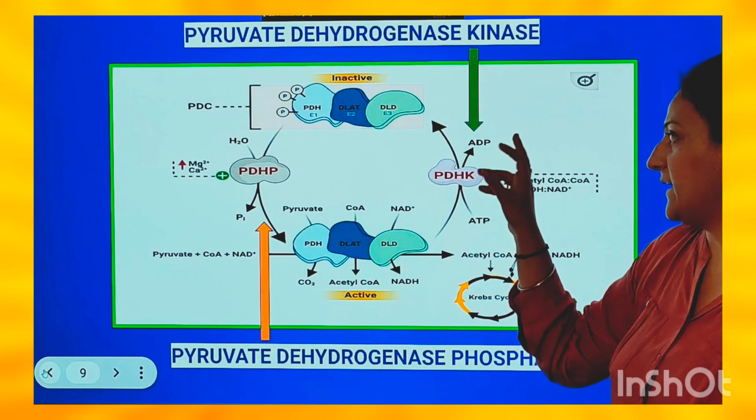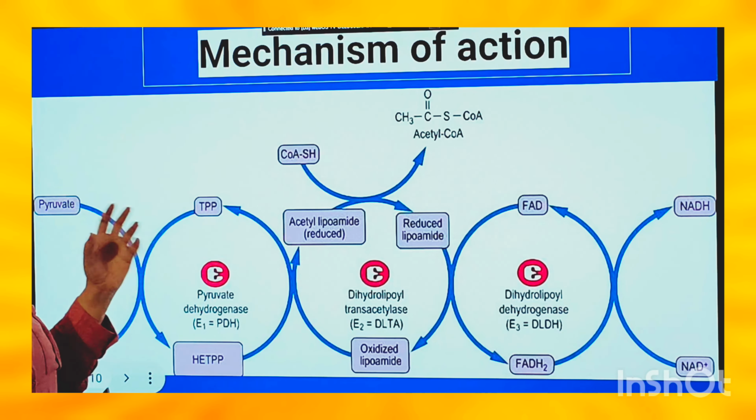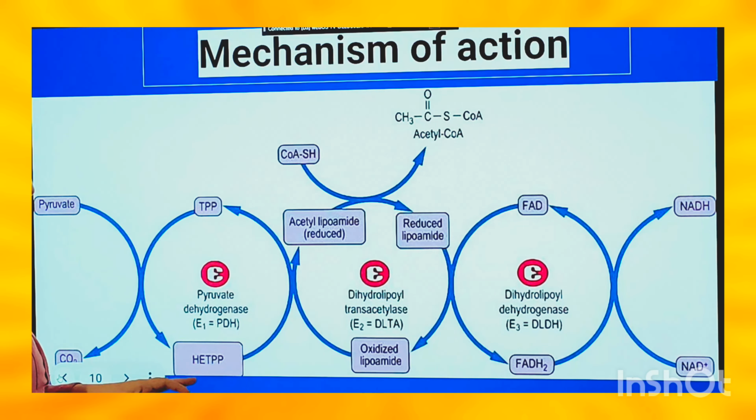Now the mechanism of action of the pyruvate dehydrogenase complex. First, the pyruvate, a 3-carbon compound, will be converted to a 2-carbon compound, because we have to form the 2-carbon compound acetyl CoA. Now it will be oxidatively decarboxylated, meaning carbon dioxide is removed. Now this TPP, the coenzyme of the first enzyme, pyruvate dehydrogenase, will receive this hydroxyethyl group to form hydroxyethyl TPP.